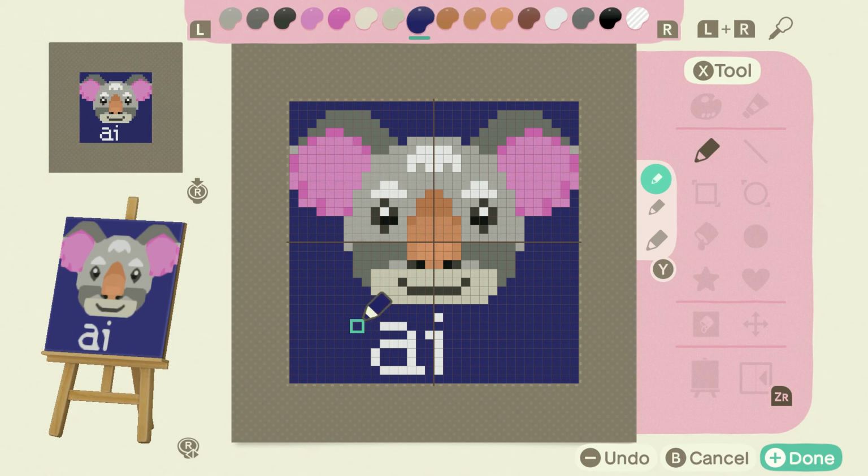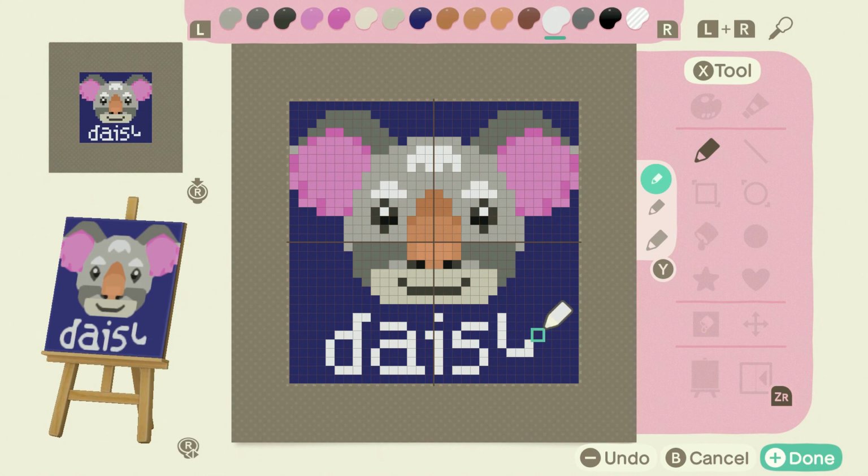Because the koala heads are kind of funny and we don't have a rectangular canvas, we just have this square, I didn't want to put them in the middle and find ways to fill in the top and the bottom. I thought it would be good to just have the island name there instead, which I see a lot and it works well.